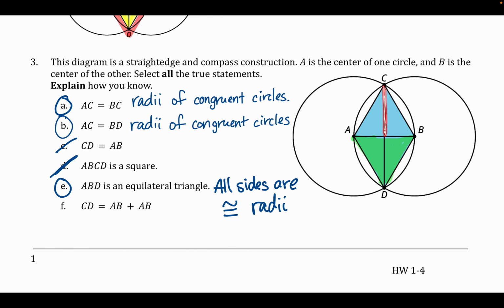And we actually cannot say that that's true, because this point here isn't the center of one of the circles. In order to prove that something at this point is congruent to a radius, it needs to go from an exterior point, so from C, it then would need to connect to a center of a circle, so either A or B. So we cannot verify that it's actually this center point here, so this is not true either.